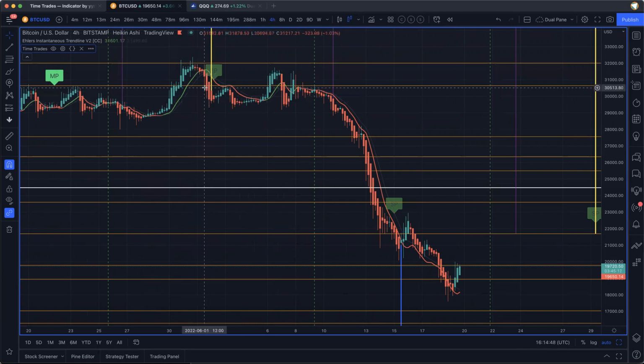And then it came down below the magic level at 30,600. This is a magic level cross, so that's a bearish one. Came back to retest, failed, came back to retest again, succeeded kind of, and then it crossed down again.